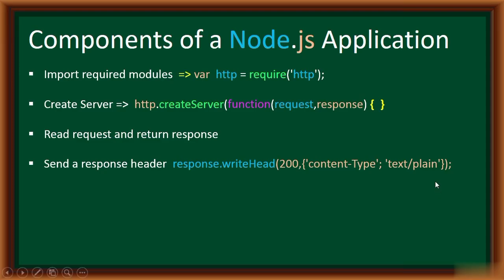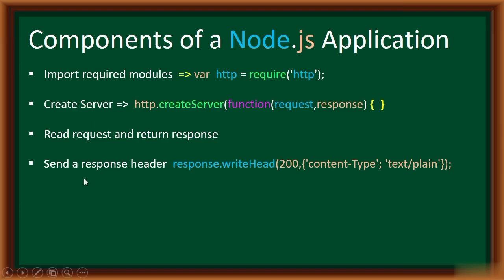For example, if your response is 1xx, it means the request was received and the process is continuing. If it's a 2xx, like we've got here, 200, that means the response is a success. That means the action was successfully received, understood, and accepted.